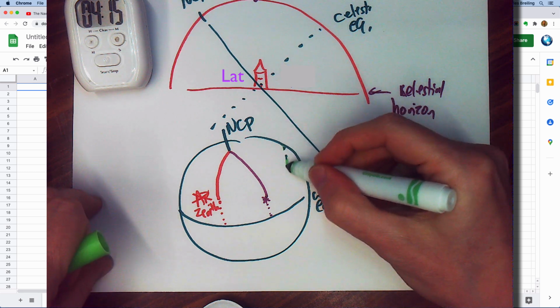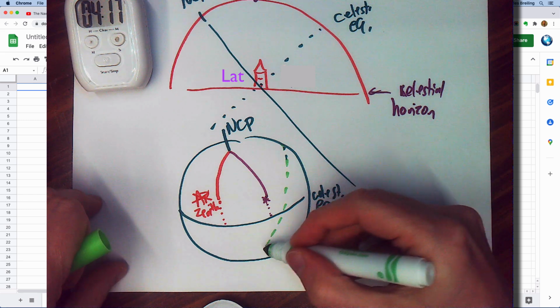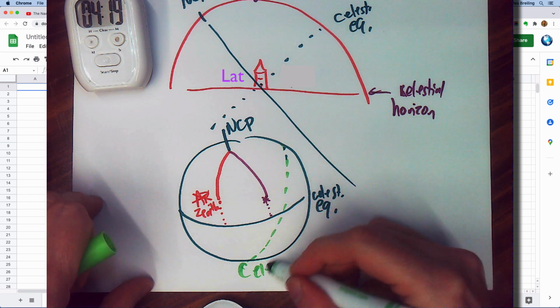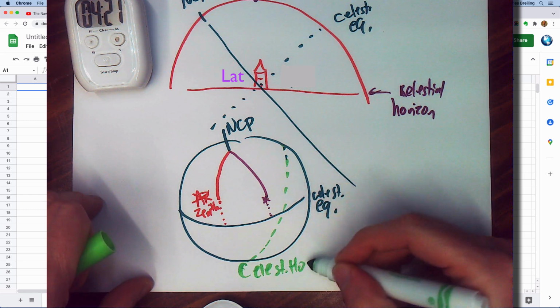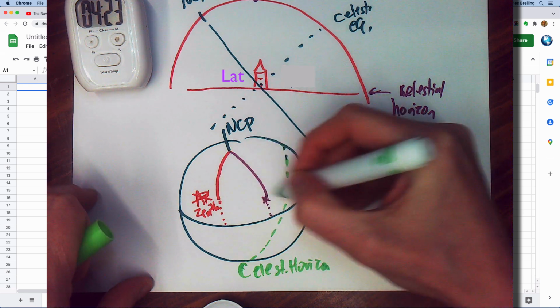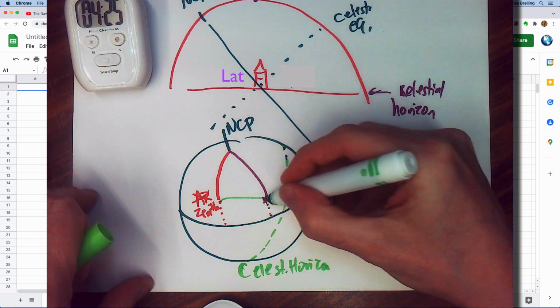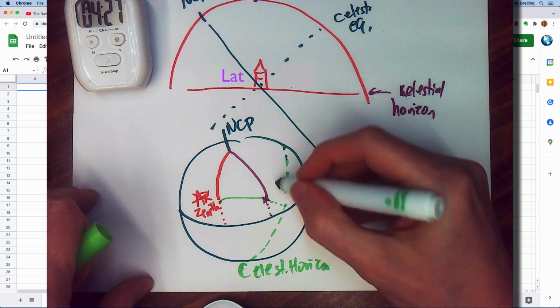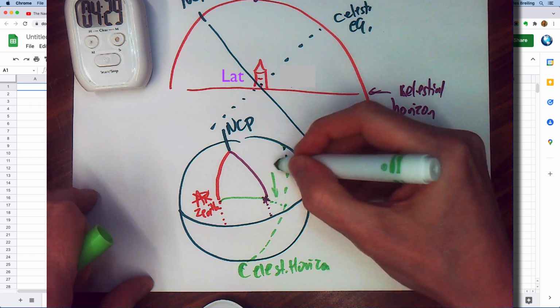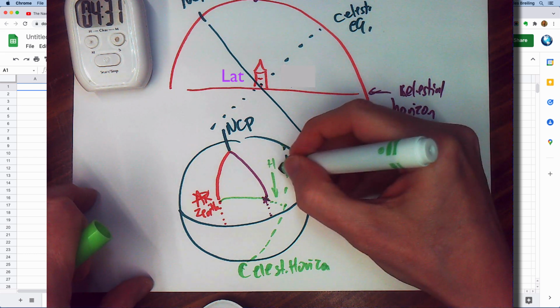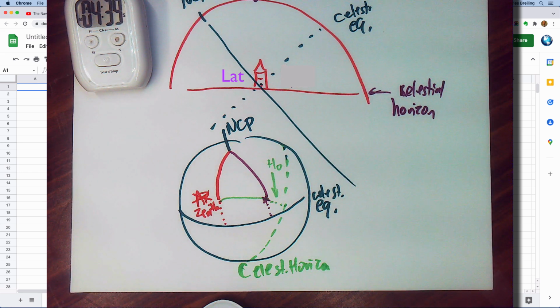You're going to have a celestial horizon. Celestial horizon. And so when we're sighting in this body, it's going to be a certain amount. This is going to be our elevation, and that's going to be H sub O for our observation. And we're going to actually change that to H sub C for calculated.